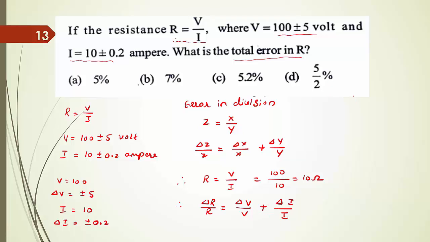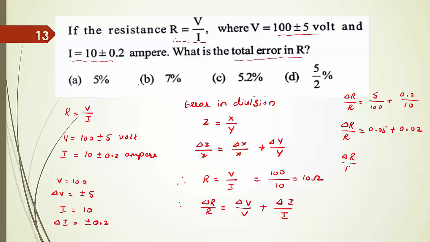Now substitute the values. Delta R over R equal to delta V over V. Delta V is how much? 5 divided by V value 100, plus delta I is 0.2 divided by I value 10. Delta R over R is equal to 5 by 100 means 0.05 plus 0.2 divided by 10, that gives 0.02.